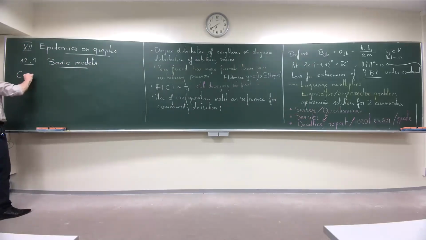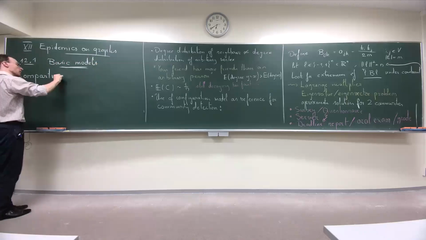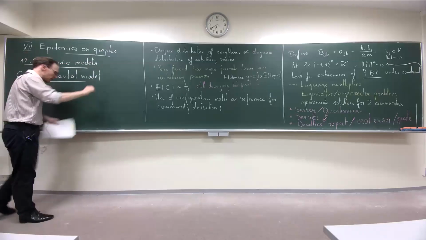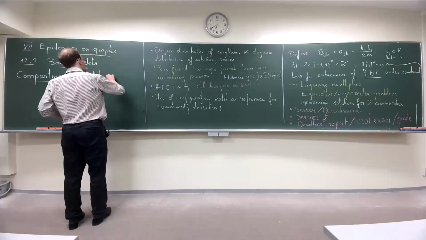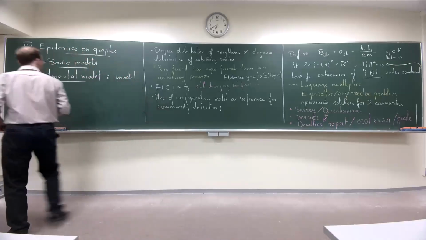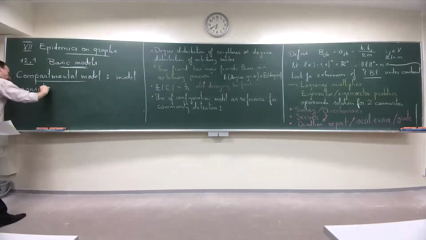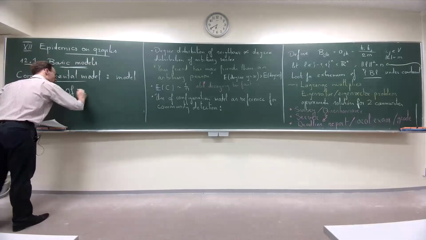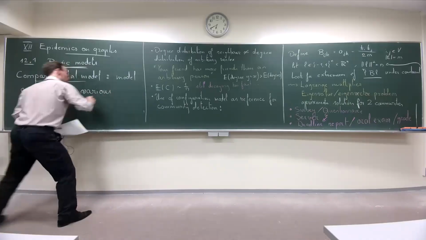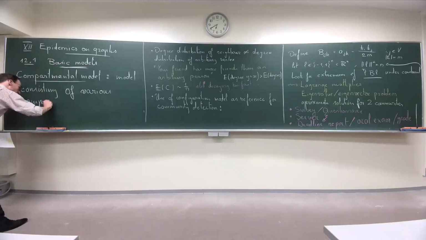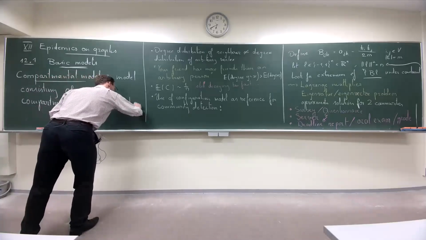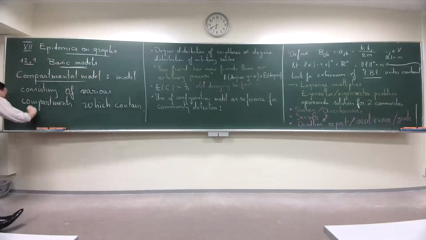So what is a compartmental model? It's a model made of compartments, consisting of various compartments, and each compartment contains the same kind of person, a homogeneous population.